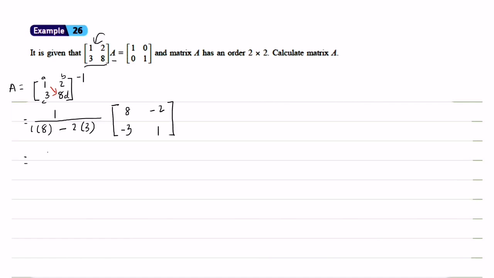So you will obtain 1 over 2 times -2, -3, 1. Multiply every element by 1 over 2, you will obtain 4, -1, -3/2, and 1/2. So this is matrix A.